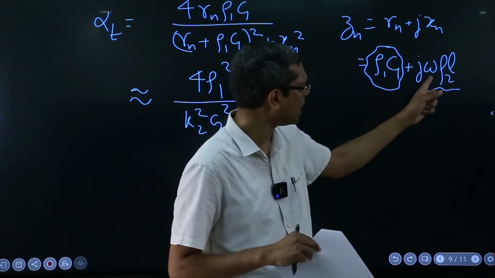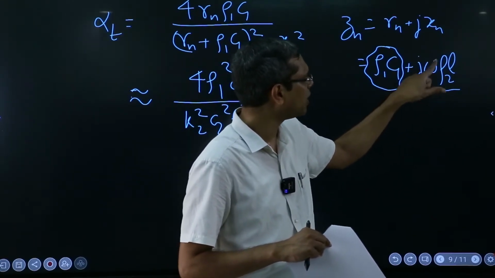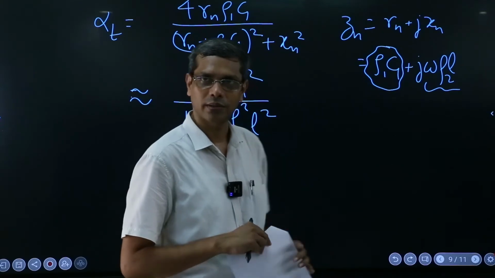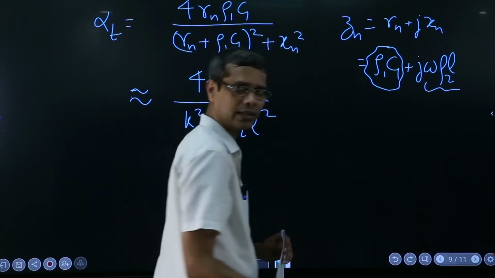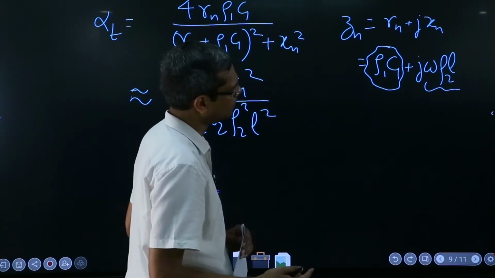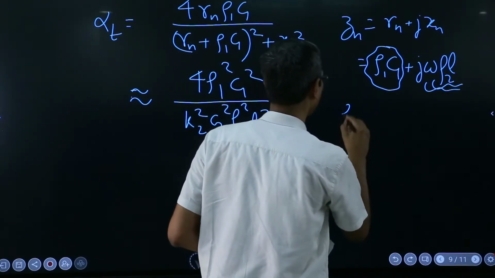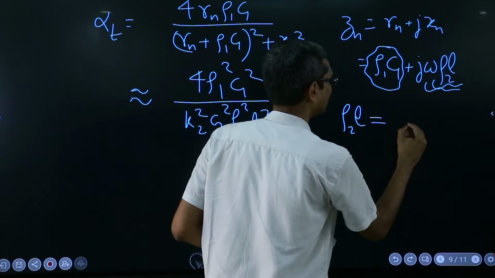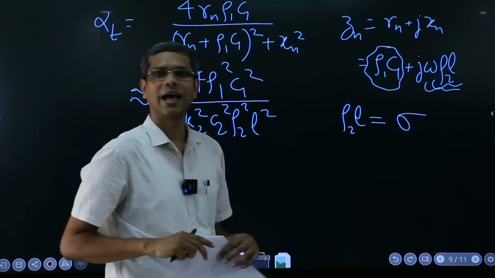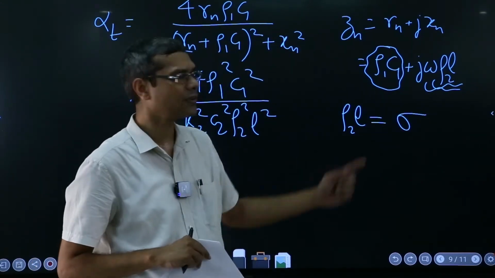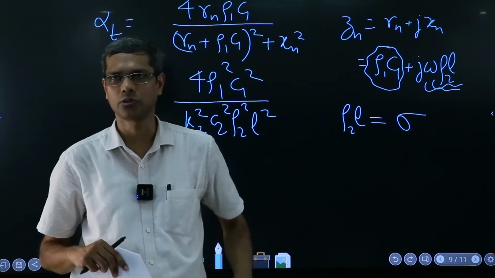If you add j times omega rho 2 L, you are done. And this rho 2 L, generally it is expressed as sigma, and that is nothing but the surface density of the material which you are using.